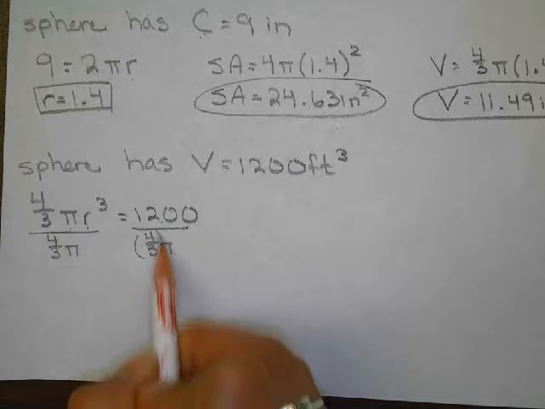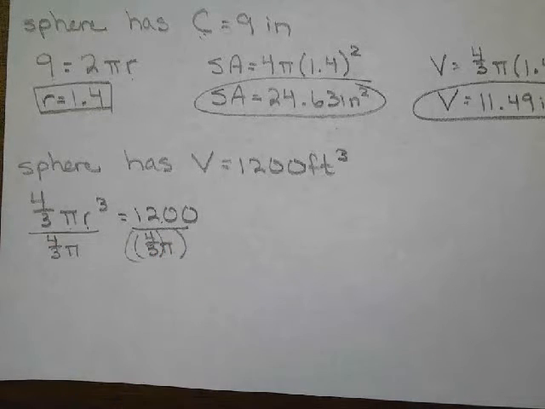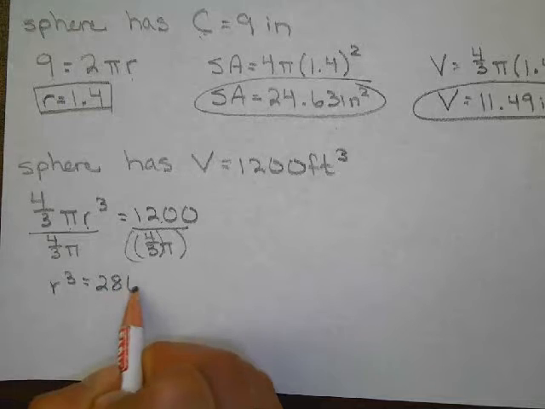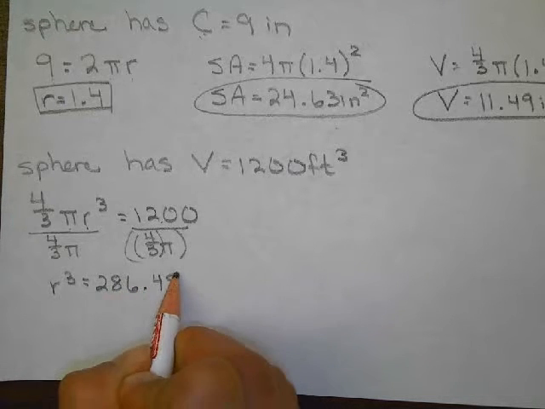Make sure you use parentheses around your 4/3 and your pi, so you have a double set of parentheses. So 1,200 divided by 4/3 pi means r cubed is 286.48.